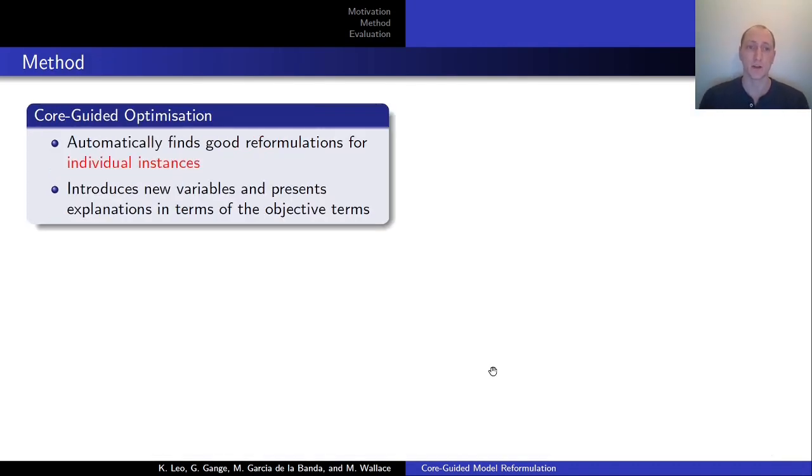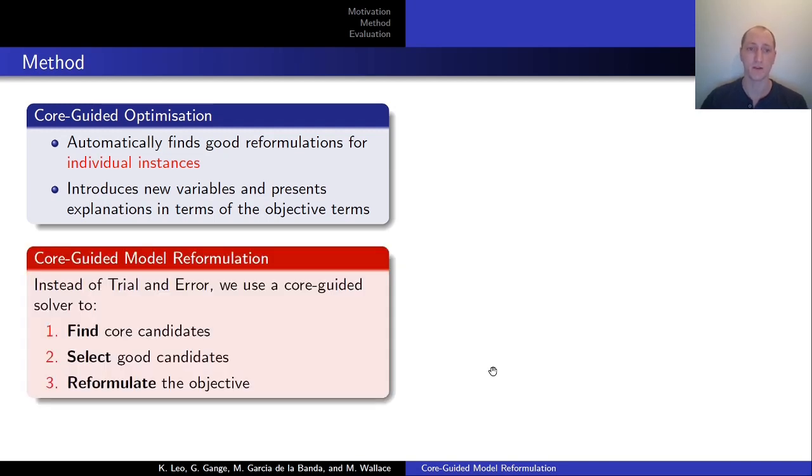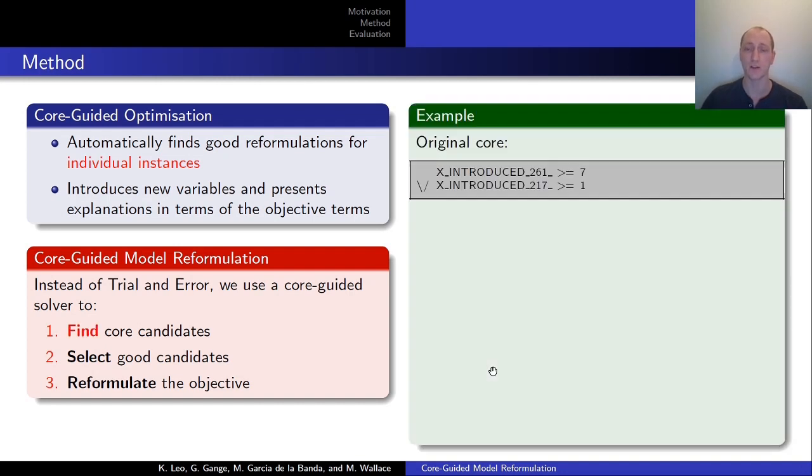One approach that does something similar to this is core-guided optimization, where during search, the core-guided solver will introduce new variables and reformulate the objective on the fly to help with solving. So in our approach, rather than going by trial and error, we use a core-guided solver to identify some possible cores, which represent new variables we could add.